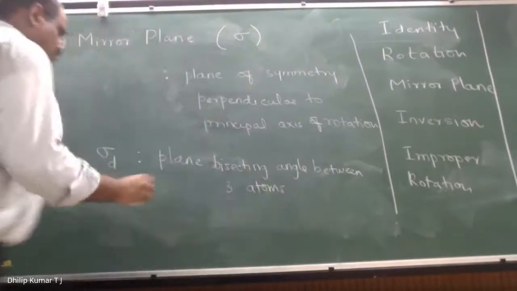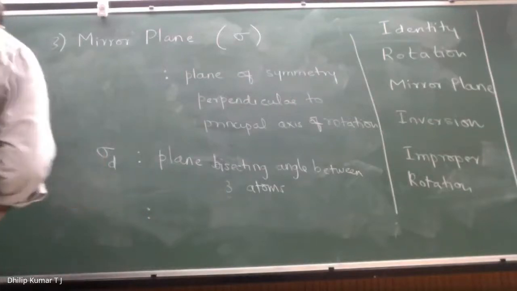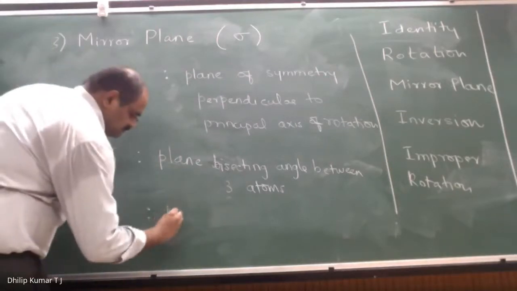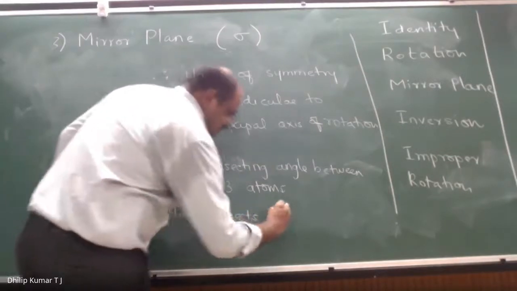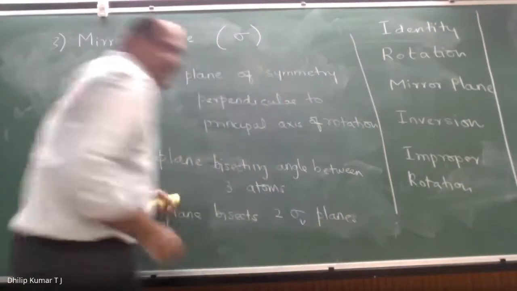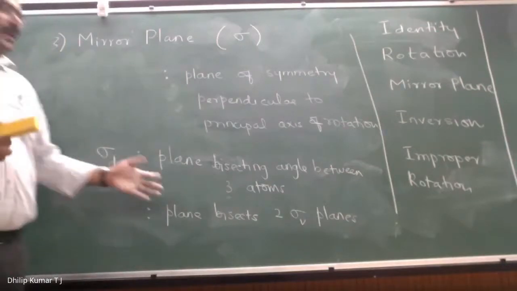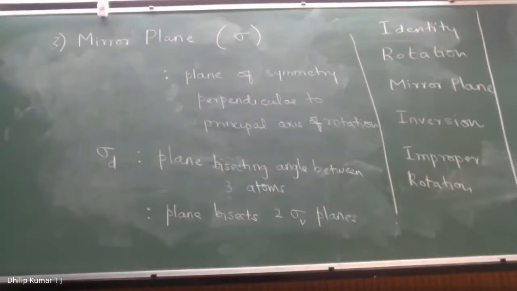Another definition is a plane bisecting 2 sigma v planes. So if the molecule has 2 sigma v, like sigma v and sigma v prime, and you put another plane which bisects these 2, that is also called sigma d. So basically it passes through 3 atoms. That's the definition.